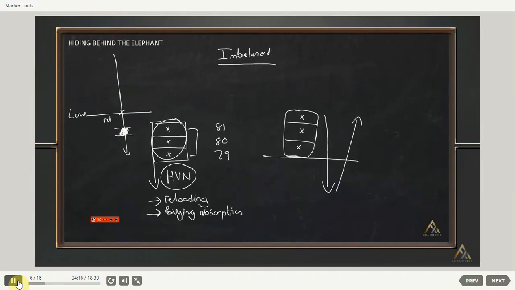In other words, what's happened is he's absorbed at these prices, but he's got more to come sitting below the prices he's absorbing at. Okay, once we get below those prices, he simply initiates in the direction that he's buying. Okay, and that's effectively what hiding behind the elephant is. That is the elephant, but ultimately he's hiding behind his passive reloading.